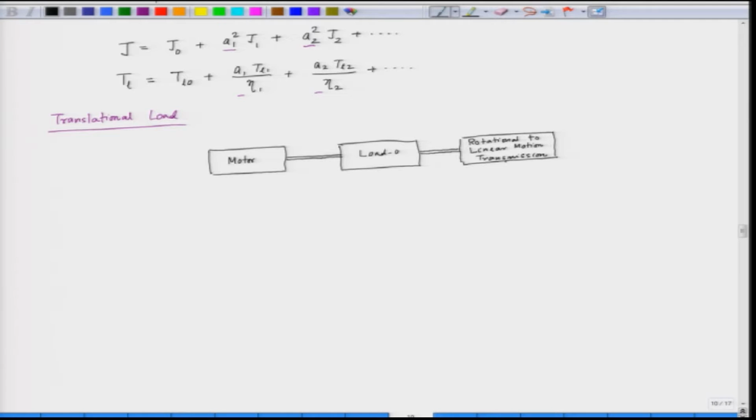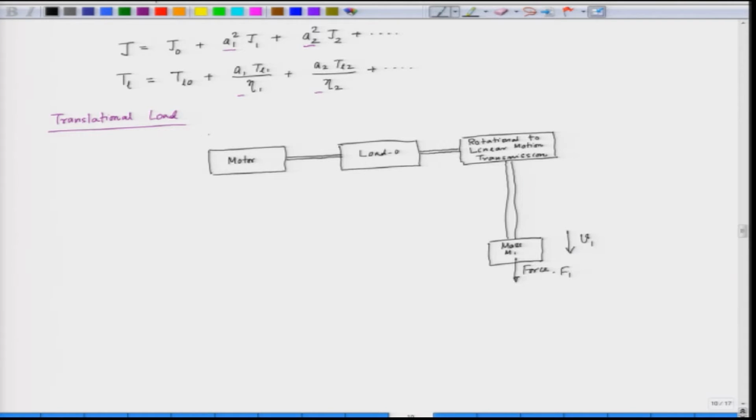And then we have a mass which is going down or going up at a velocity v 1, and this mass is m 1 and it is exerting a force F 1.